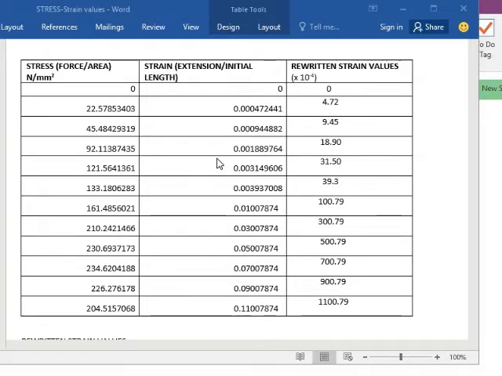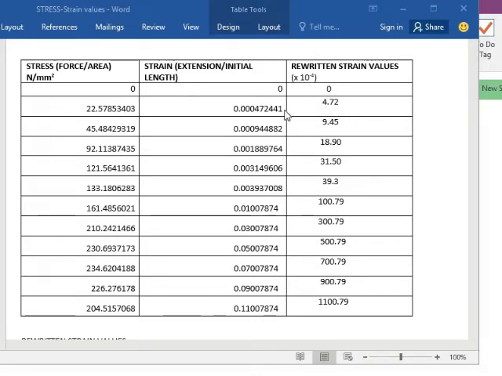So what I normally do is I convert my values if they're somehow skewed. I try to convert them to easier manipulated values. Now to do that, I just simply take the lowest value and convert it to standard form. For example, this I converted it into 4.72 times 10 raised to power minus 4.